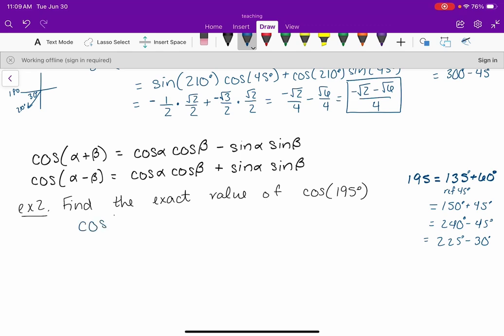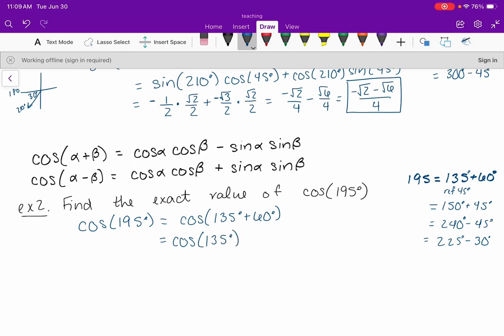So cosine 195, instead of doing 195, I'm going to do 135 plus 60. I use my identity, so I have cosine 135 times cosine 60 minus sine 135 sine 60. 135 is in quadrant 2.